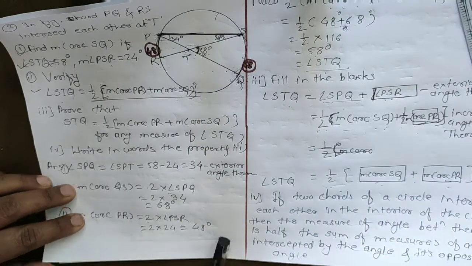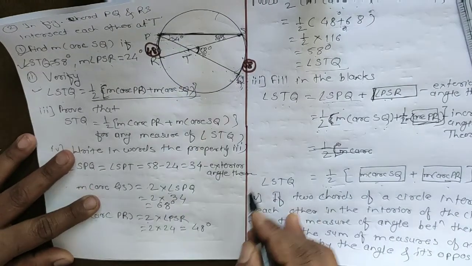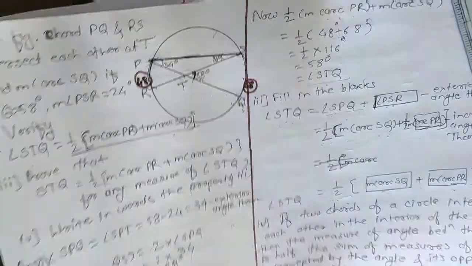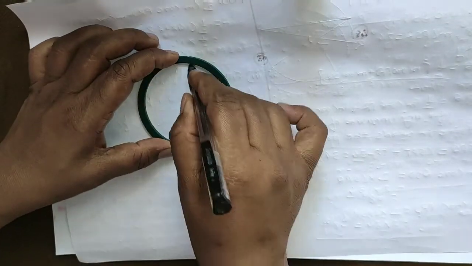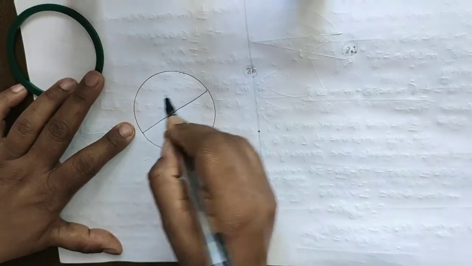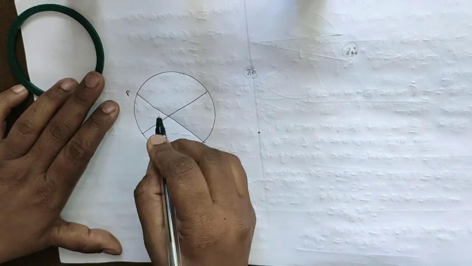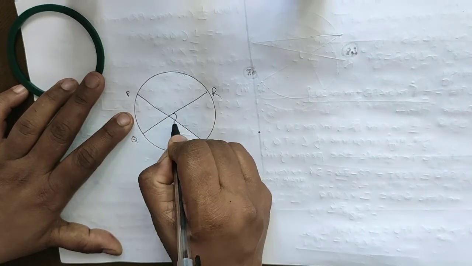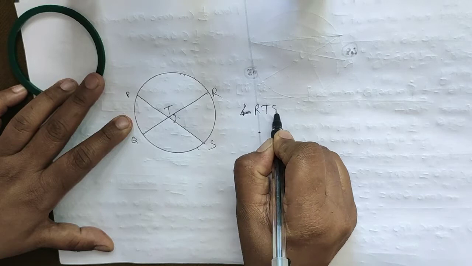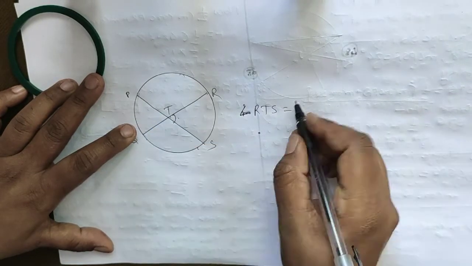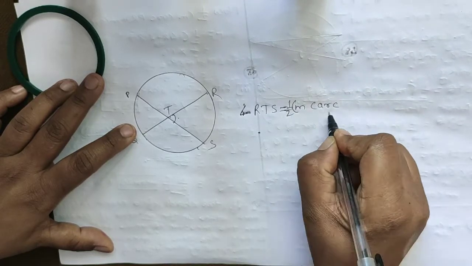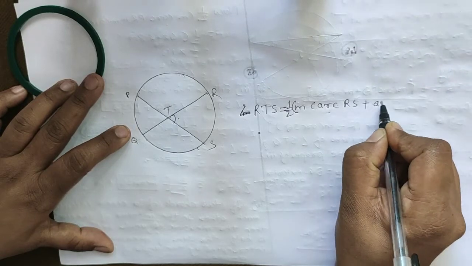So from this we understand, if you take any circle and draw two chords in it, suppose this is one chord and that is another chord, PQ and RS, then the measure of angle RTS is half the measure of arc RS plus arc PQ.